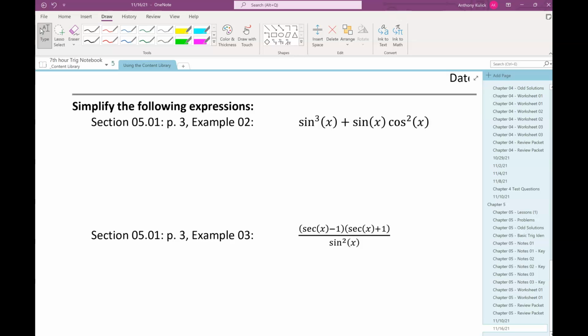Our tools that we have available to us to do this simplifying, we have algebraic tools. So things like factoring or foiling or adding fractions, making a common denominator to add fractions, reducing fractions. We can use any of those tools that we developed last year in our Algebra 3-4 class.